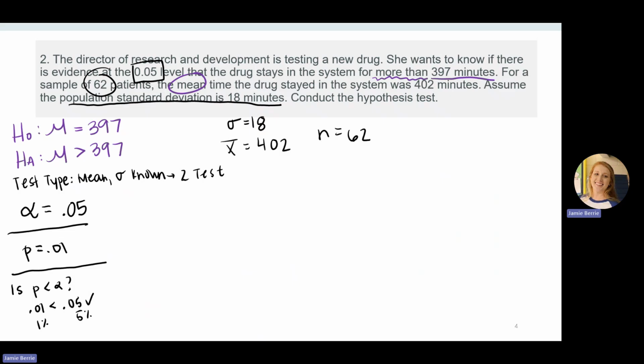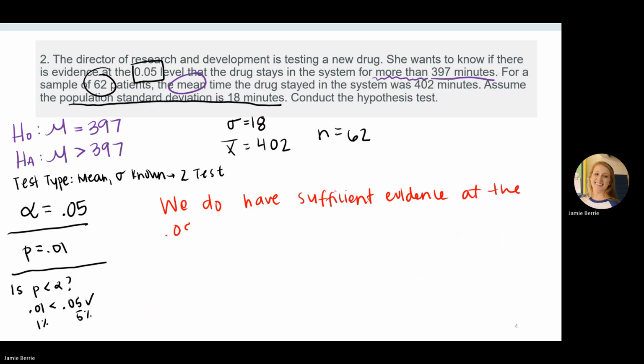All right, so we're going to write our conclusion statement. We would say something like, we do have sufficient evidence at the 0.05 level of significance to conclude or to suggest or to determine. I'm going to say to suggest, since that's what I did on the last page.